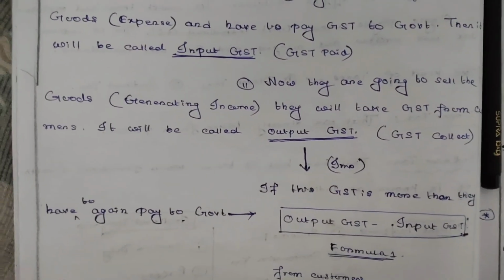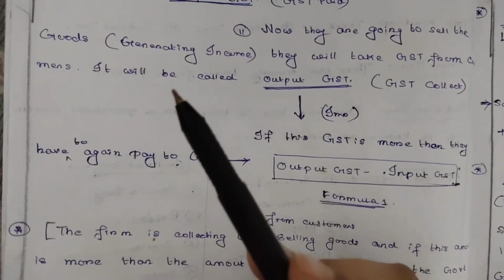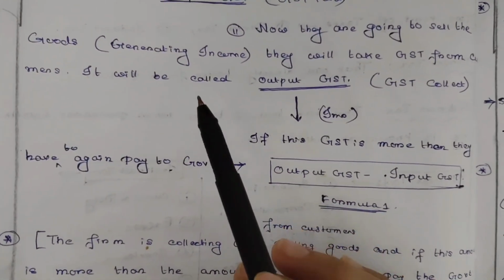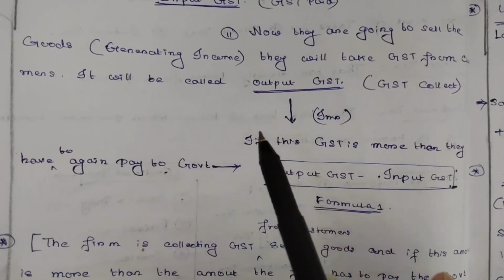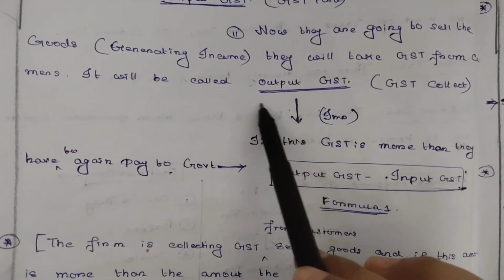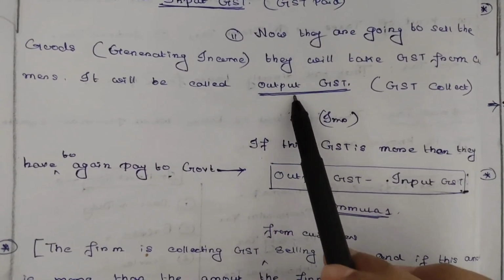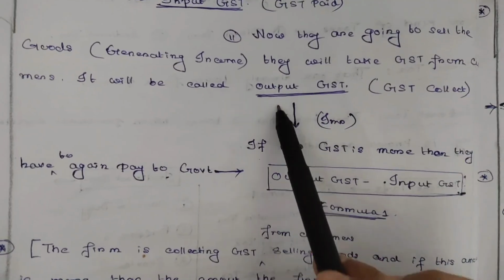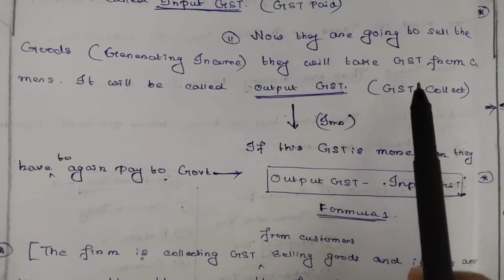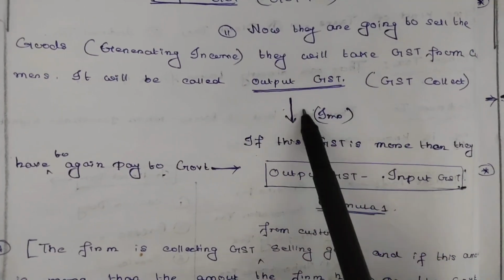And if this GST is more than they paid to the government when these business owners were purchasing the goods. I'm saying it again, the output GST, that means the partnership business owners, when they are selling a product to individual customers, they are taking a GST from the customers. And this GST is known as output GST.